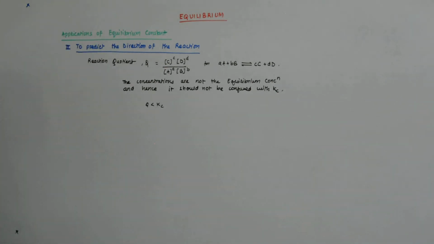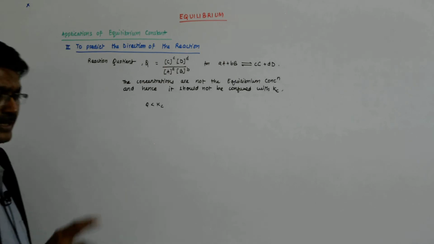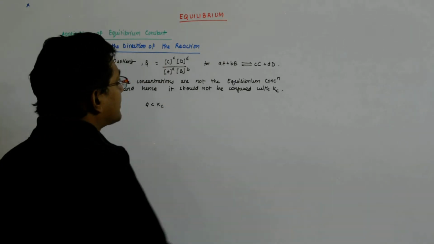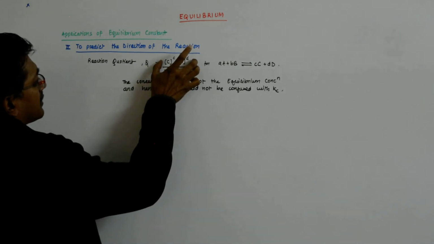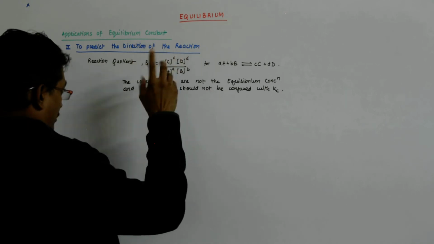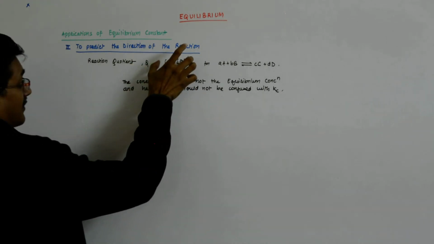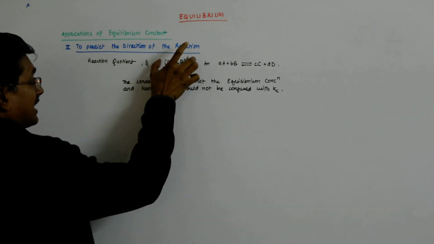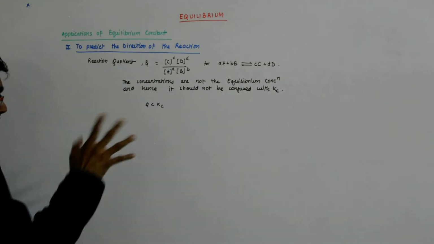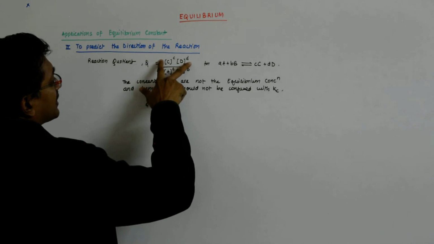Ultimately I know it has to reach Kc, so I predict that Q is going to increase.